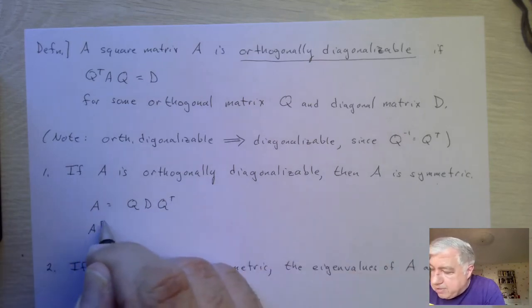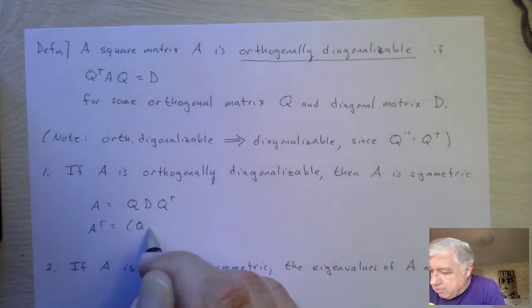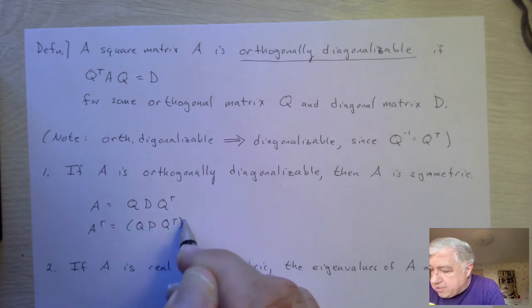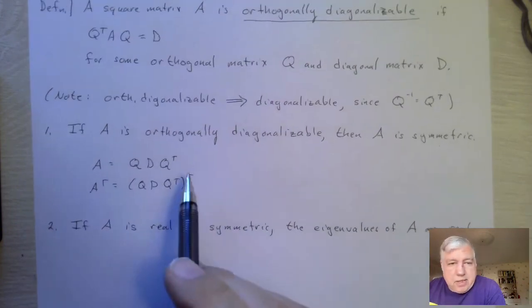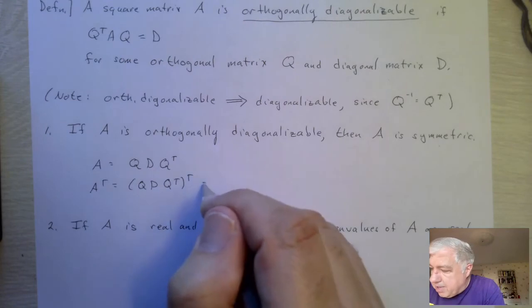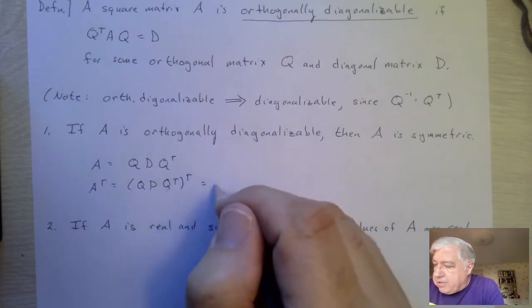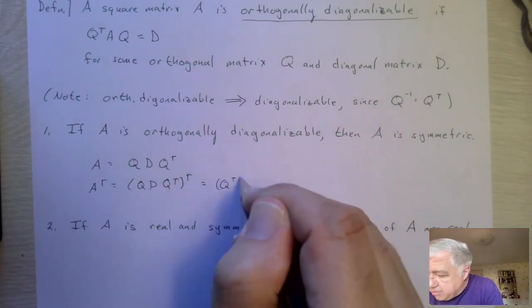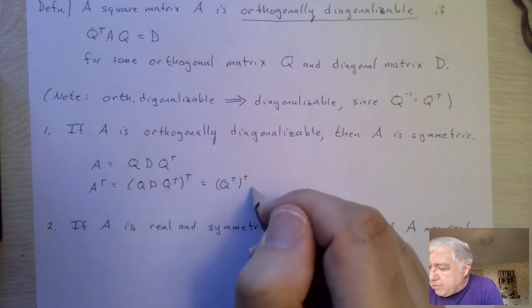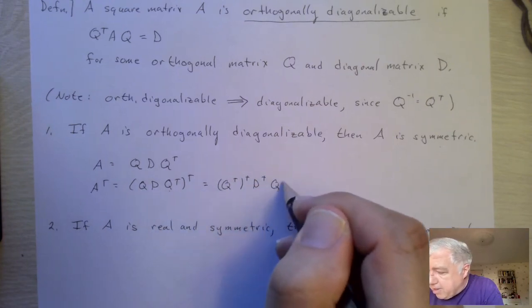A transpose is going to be the transpose of Q D Q transpose, and applying the properties of transpose, this is equal to the transpose of Q transpose times D transpose times Q transpose.